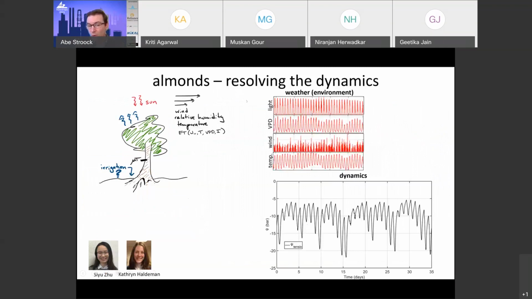An important goal would be to take the things that we can get from the local weather station: the radiation, vapor pressure deficit, which is a measure of the relative humidity. The wind speed controls the boundary layer interactions with the leaves, and simply the temperature controls all of the thermodynamics of the system. And we'd like to go from this to an ability to predict this.